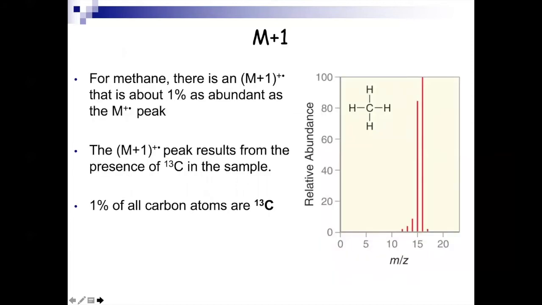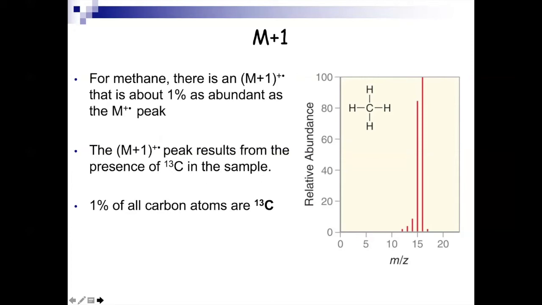Now, not to be confused with the M+ peak, we do have something that's called an M+1 peak. And what this is, is the parent ion, the molar mass of the complete compound, plus 1. And this is because of the occurrence of carbon-13 in our molecule. So remember, carbon-13 is an isotope of carbon.